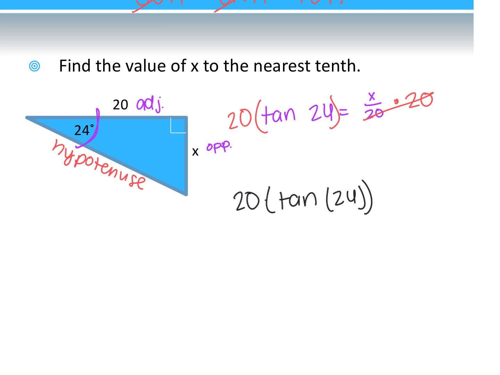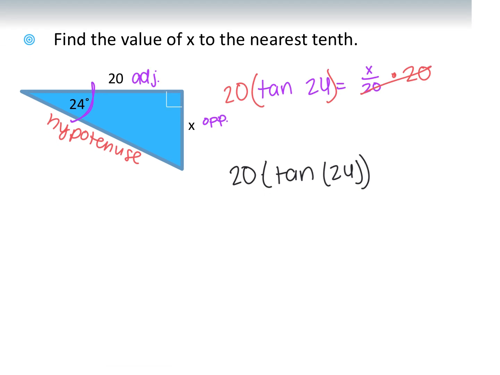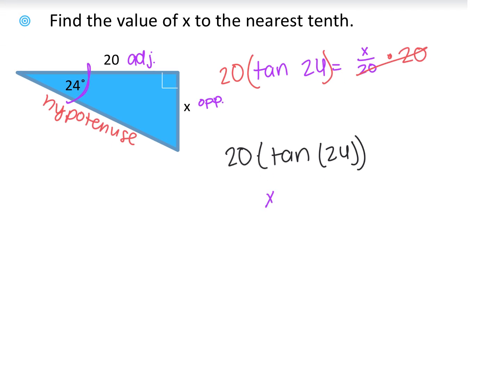What would I get if I multiply 20 times tan 24, rounding to the nearest tenth? What was that? 8.9 would be my answer. x equals 8.9.